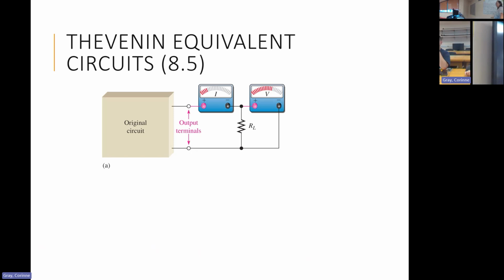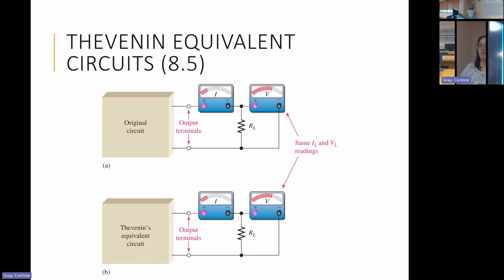With our new equivalent circuit, we need to have the same exact outputs. So we need to have the same current that would flow through the load resistor, and the same voltage across the load resistor. Everything else can be different. So that is what is happening.